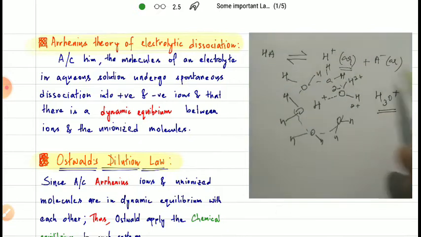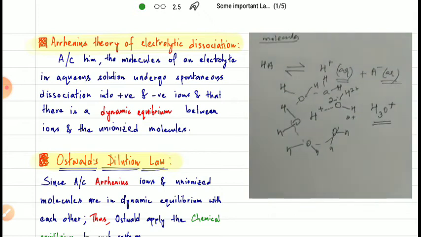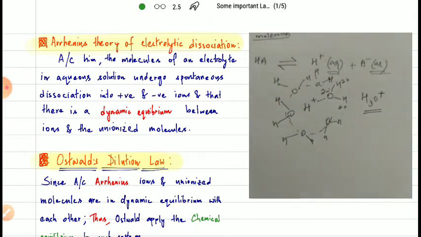That's why we write the aqueous form: the ions are in solvated form.